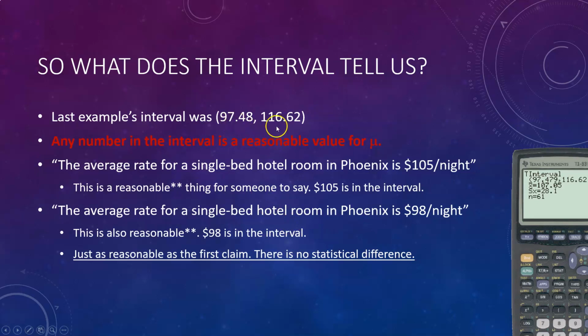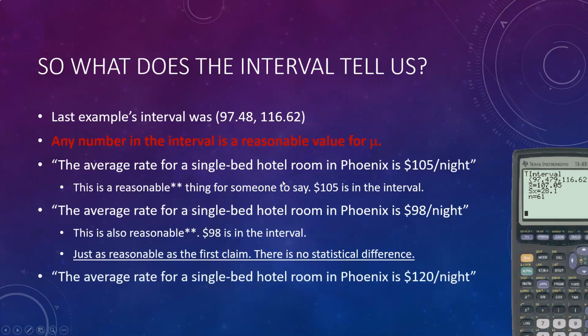Any value in this interval is an equally plausible value for the mean of the population. There's no statistical difference between these two claims. They are equally valid. Yes, one is closer to the mean of the sample, but that doesn't matter. Any value in the interval is a reasonable value for the mean, and there's no difference.